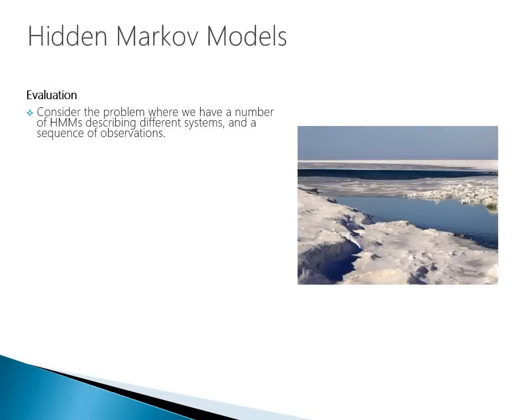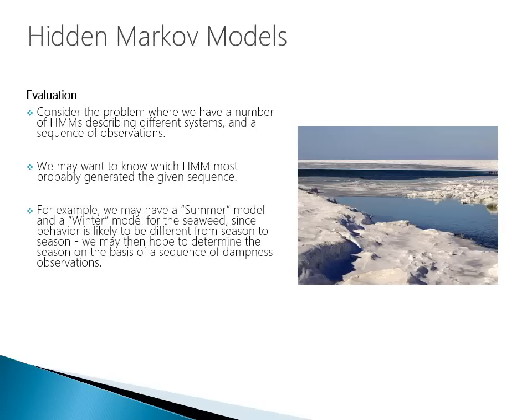First, let's dive into evaluation. Consider the problem where we have a number of hidden Markov models describing different systems and a sequence of observations. We may want to know which hidden Markov model most probably generated the given sequence. For example, we may have a summer model and a winter model for the seaweed.